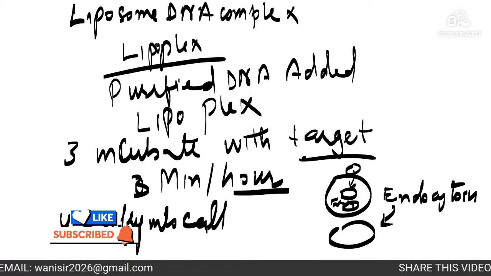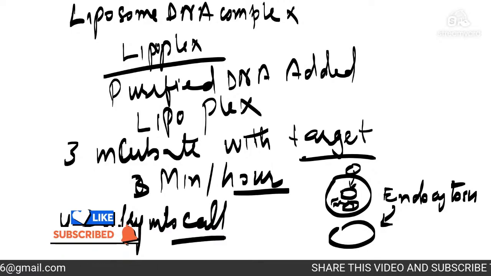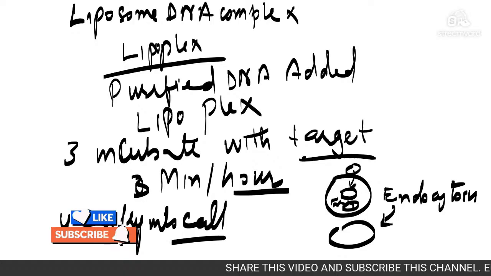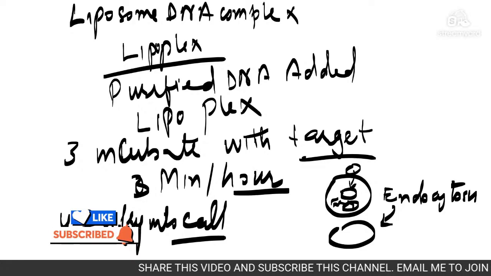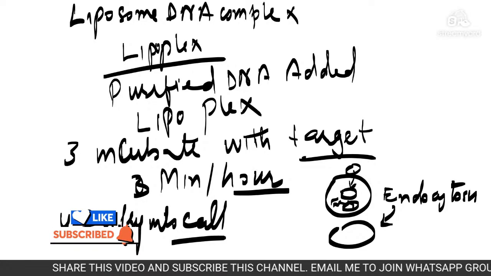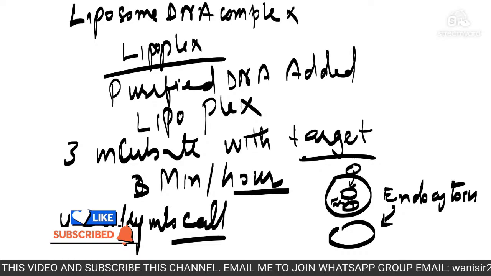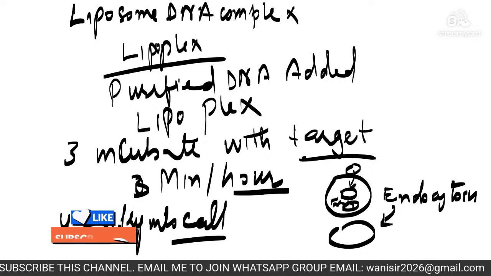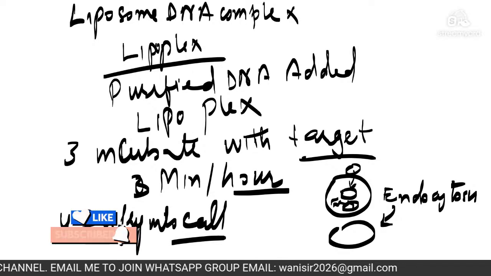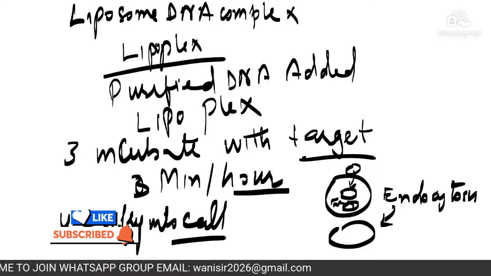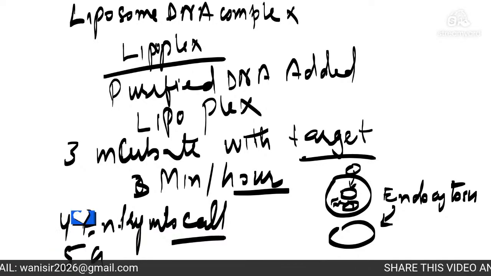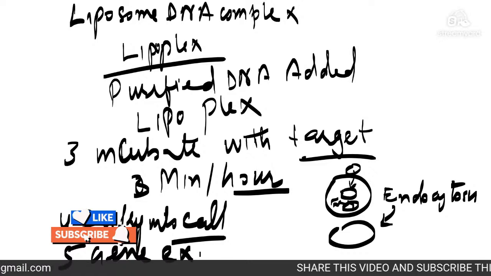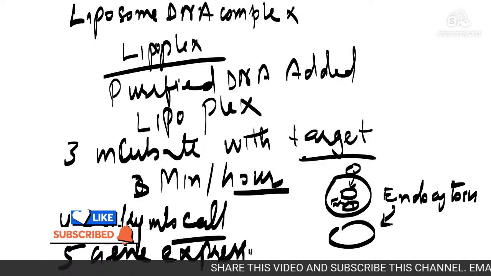The fourth step is entry into the cell, where the lipoplex enters the cell by direct fusion with the membrane or by endocytosis, and is taken inside vesicles called endosomes. Many cationic liposome formulations are designed to disrupt the endosomal membrane, helping the DNA escape into the cytoplasm. The fifth step is gene expression.